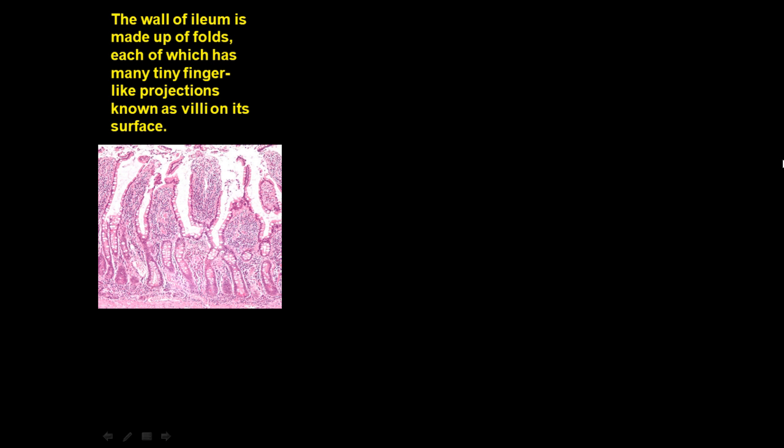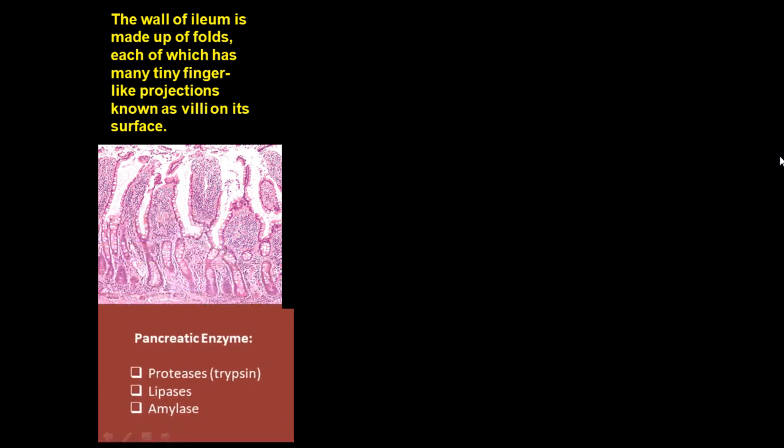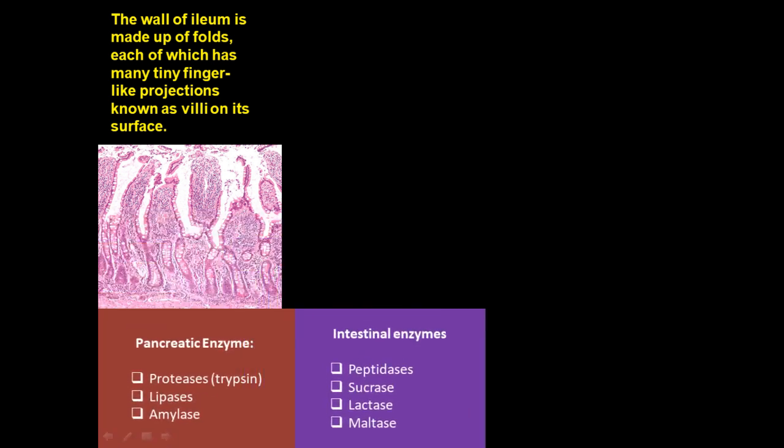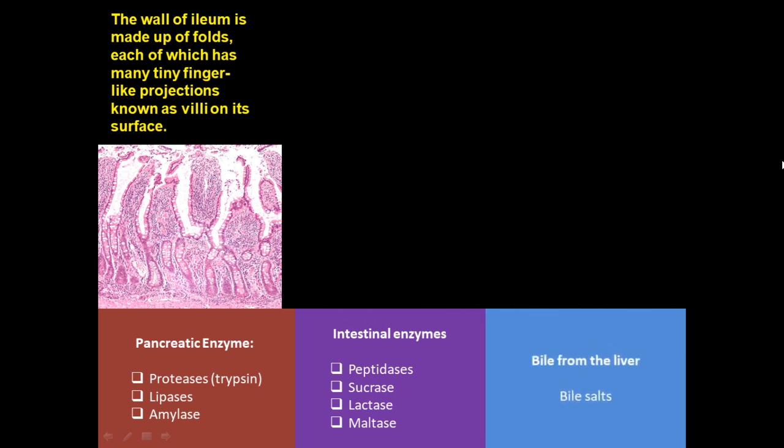Digestion in the small intestine is helped by three kinds of enzymes: the pancreatic enzymes, intestinal enzymes, and bile from the liver. The pancreatic enzymes consist of three enzymes: proteases or trypsin break down proteins into peptides and amino acids.